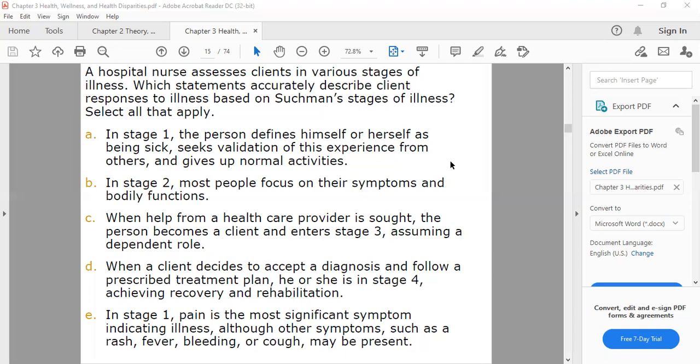D is wrong. E is correct, right? Yes. Okay, and B is correct. C is also correct. E is stage 1, pain. E is correct. I said C is correct, and also B. A is stage 2. And D is a combination of stage 3 and 4.